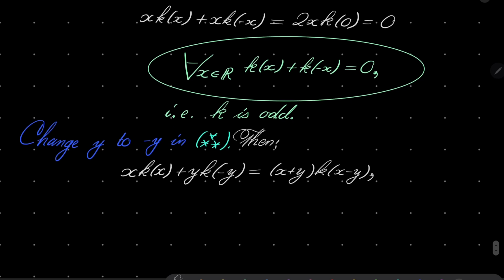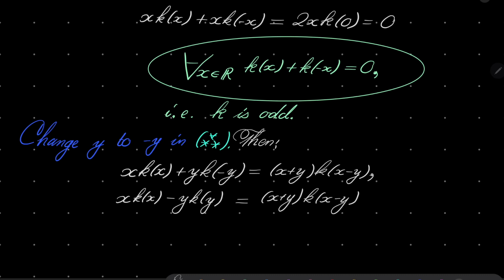But now let's take a look. We have established that our function is odd. So k of minus y, we can put minus in front of our function. Yes, I have used the fact that my function is odd.